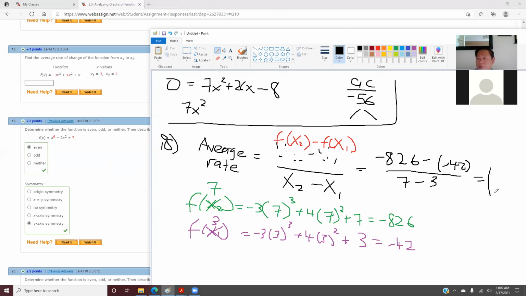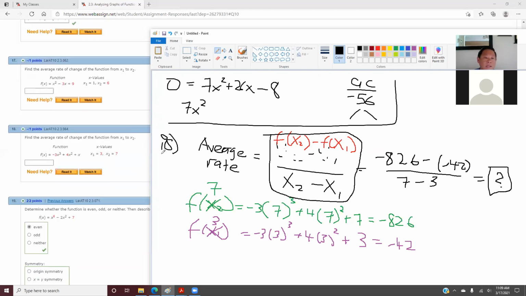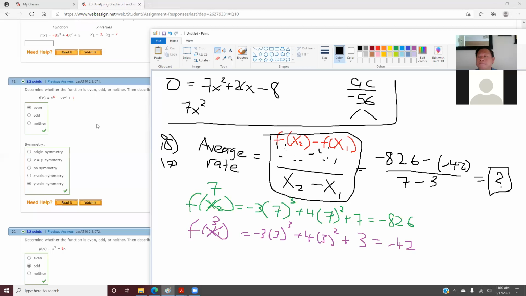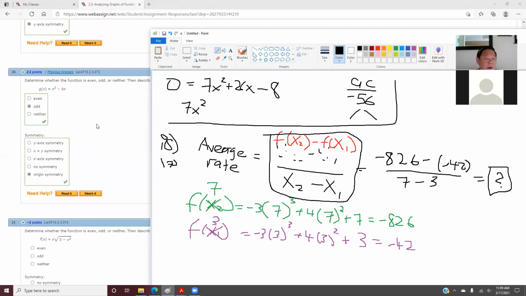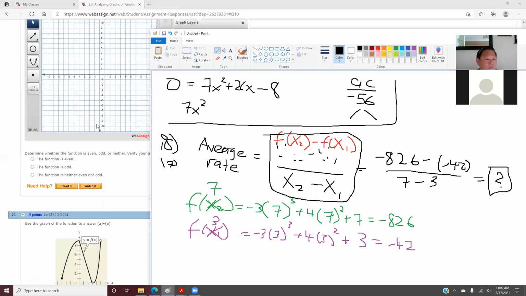I think you know how to do the rest of it, and whatever you get here is your answer. So this is the formula. 17 and 18 are the same; we use the same formula. Make sure you remember this formula, it is important.